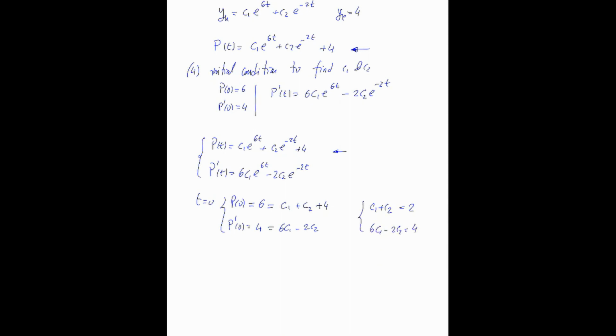And to solve that, let me multiply the first equation by 2. 2c1 plus 2c2 equals 4. And 6c1 minus 2c2 equals 4. I add these two equations, so the c2 cancels and I get 8c1 equals 8, sorry.